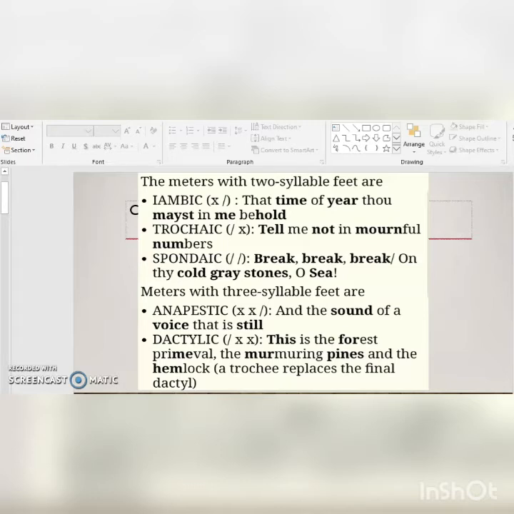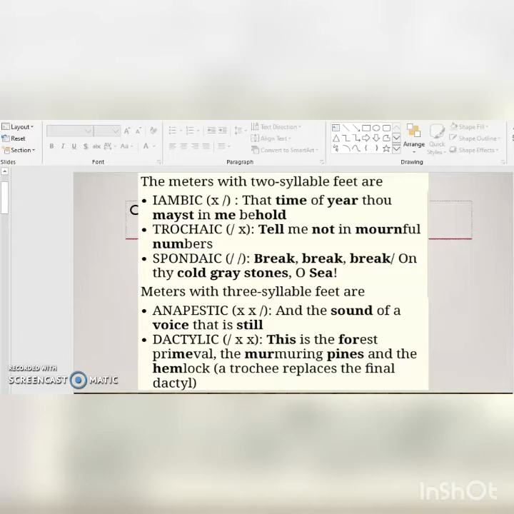No, this is simply reading. You will read it out with intonation, with rise and fall, with feeling. For example, shall I compare thee to a summer's day? Because when you read like this, you will get to know which syllable is stressed and which is unstressed, whether it's iambic or trochaic.